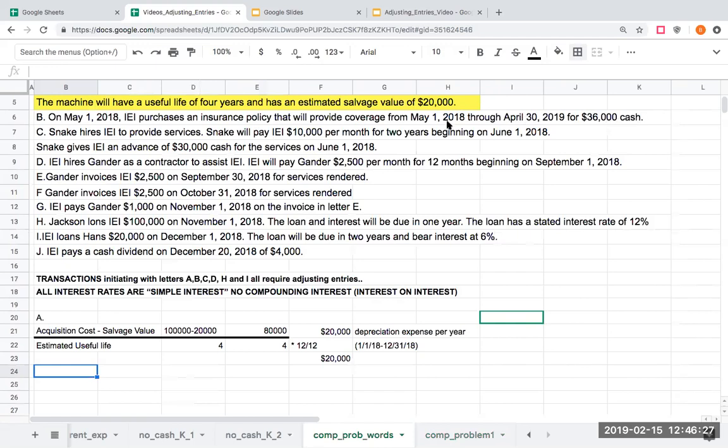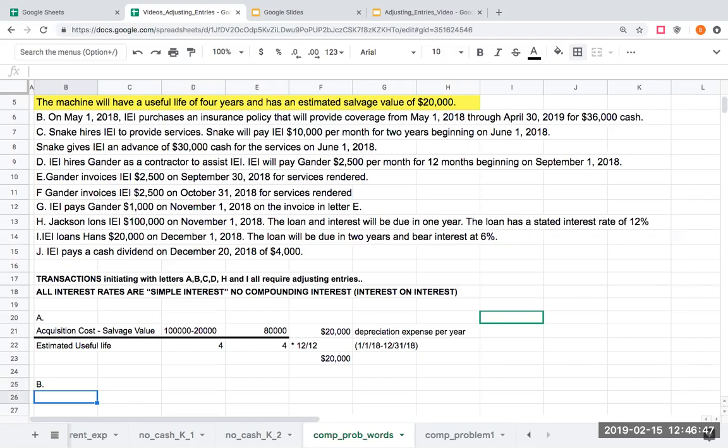And the answer is no, because this $36,000 was for 12 months, and now some months have gone through and expired. So what we need to do is determine the remainder, or how much we should actually be expensing.